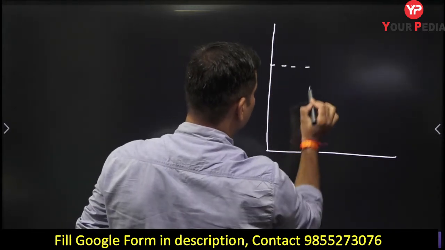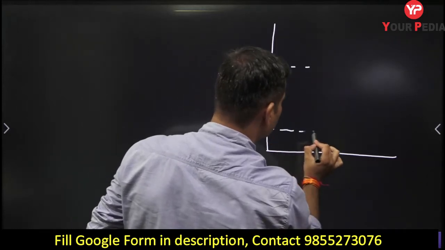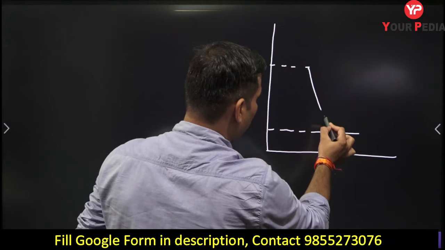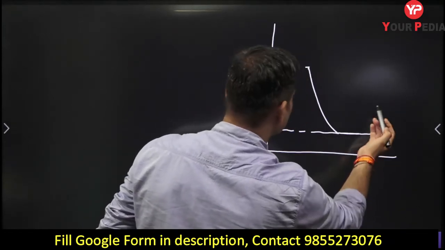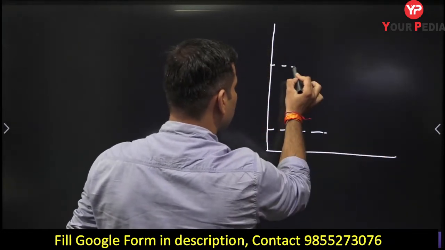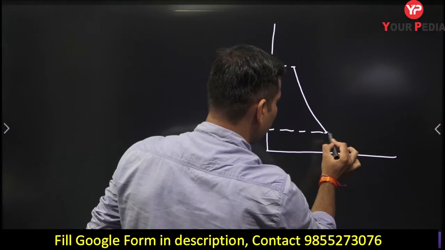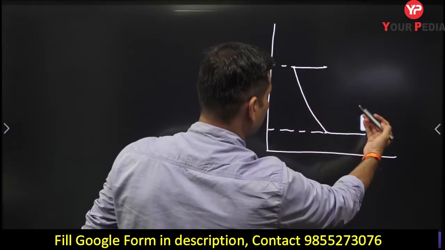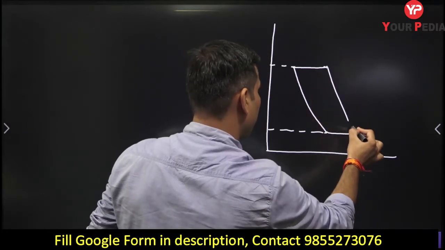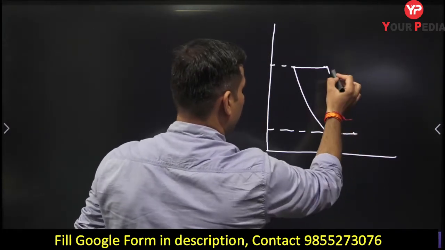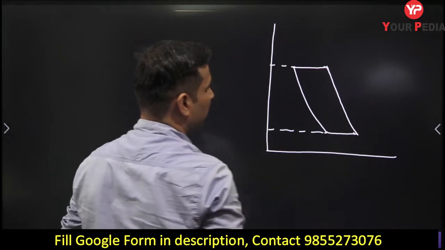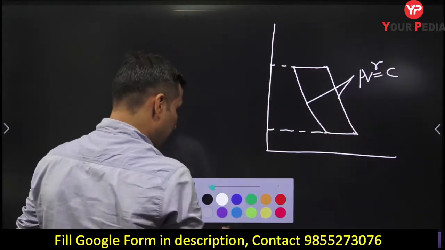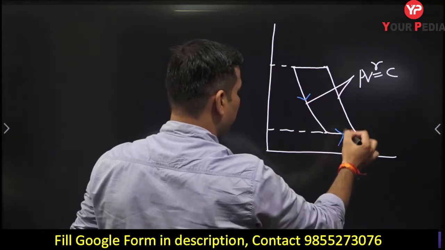Suppose this is the exit pressure and this is the inlet pressure. These are the isentropic lines, PV to the power gamma equal to constant, and the cycle must be something like this.